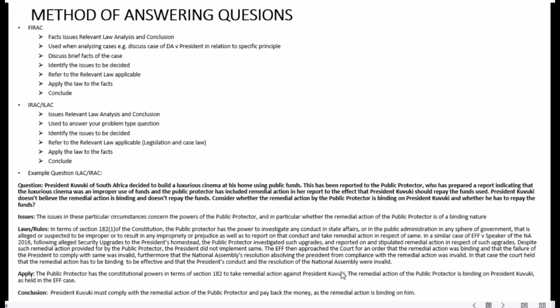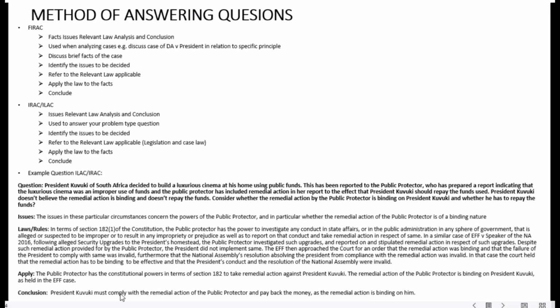And then you conclude. So here we would basically just say, in answering the question, because that's what you need to do in your conclusion, you actually need to answer the question that has been put. And you'll say, President Kuvuki must comply with the remedial action of the public protector and pay back the money as the remedial action is binding on him.